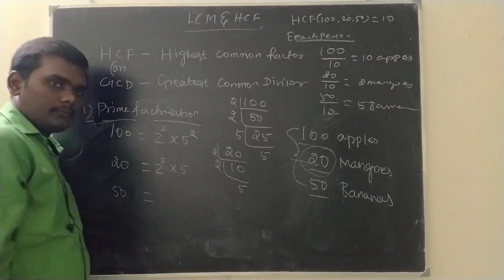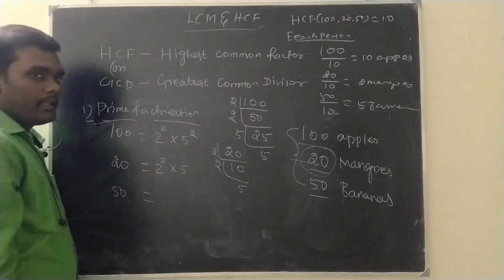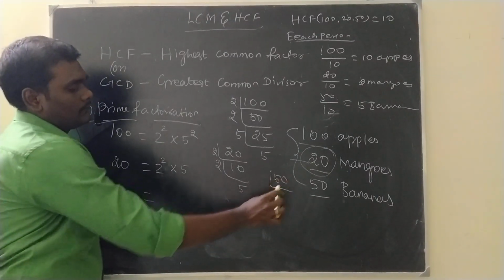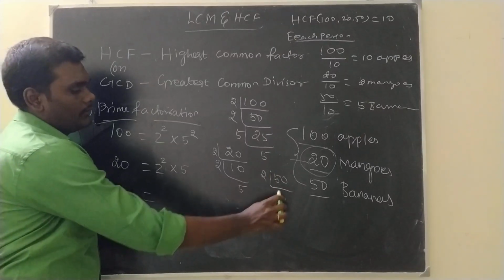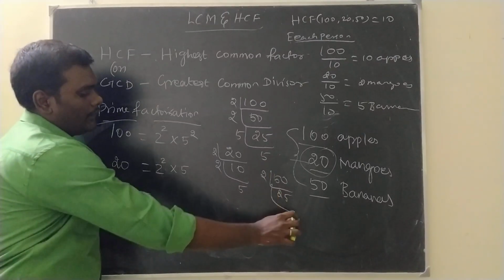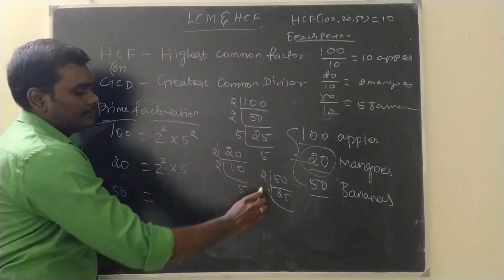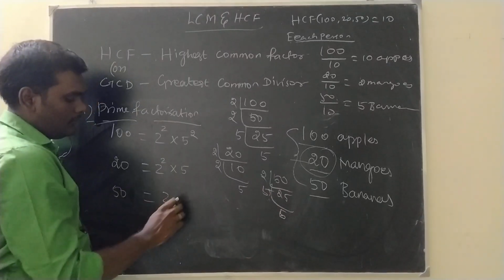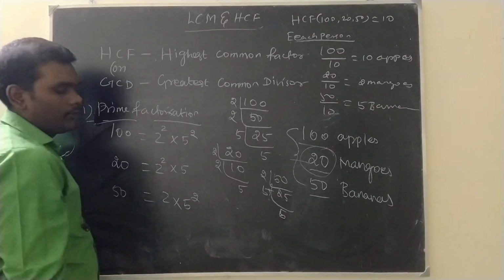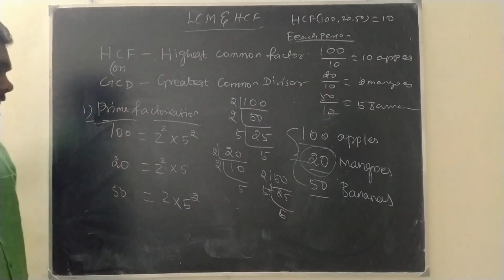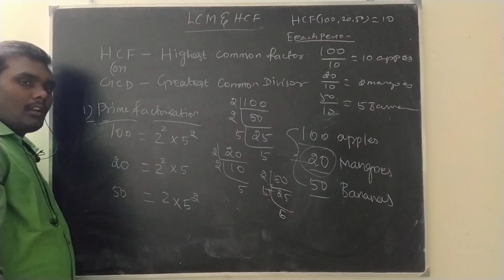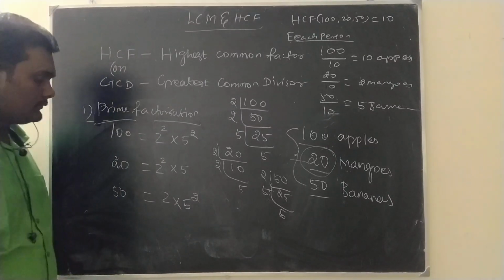For 50, it is obvious, we can start with 2, 25, so again 5, yes, 2 times 5 square. You see, in this prime factorization, what are all the things that are common?